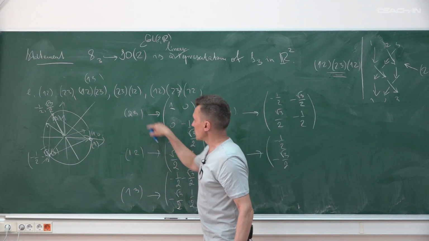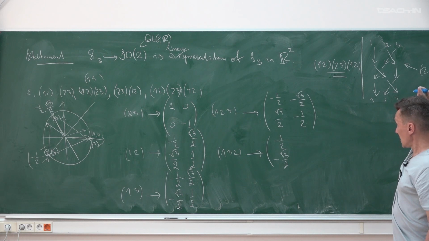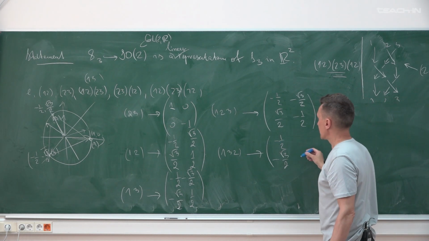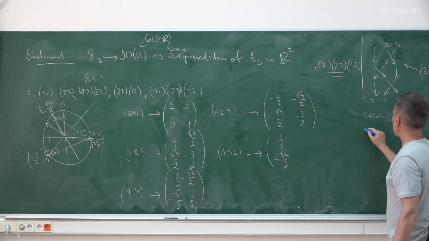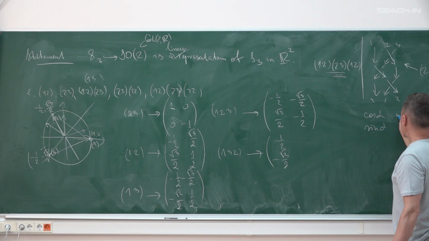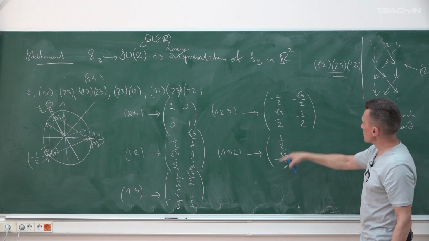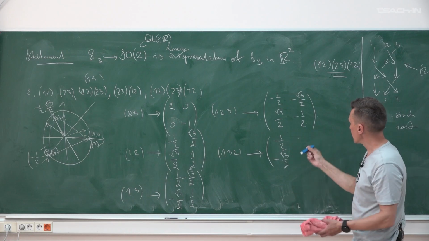And 1, 3, 2 is the rotation in the opposite direction. If you remember, the rotation is always a matrix of this type. Okay. So you should change the signs in the off-diagonal part.